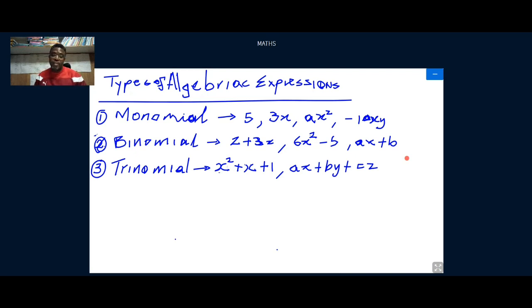It is a way of expressing ourselves using a variable, a constant, and a coefficient. We now speak about algebraic expressions. We have a monomial, a binomial, and a trinomial.